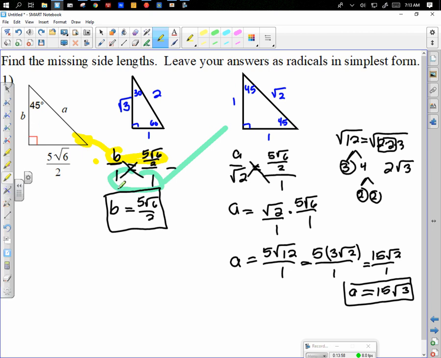That's why I got b over 1. And then the side that I know, this side corresponds to this side over here. And for this it is the same way. This a corresponds to radical 2. So that's why I got a over radical 2. Now this side corresponds to this side. That's why I got that.